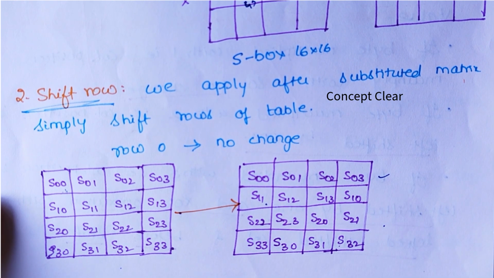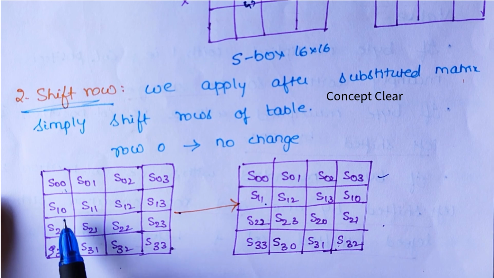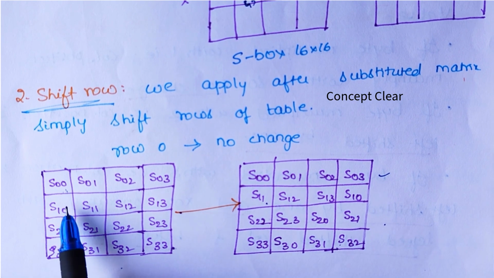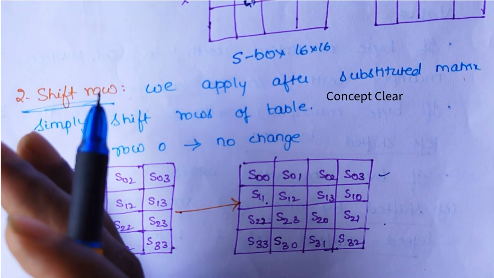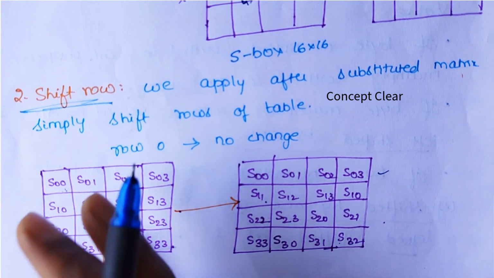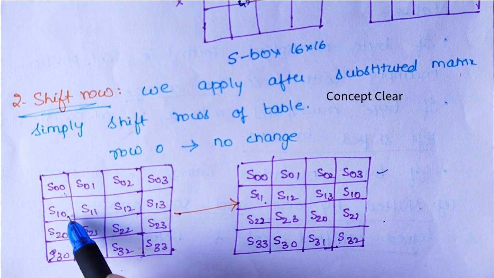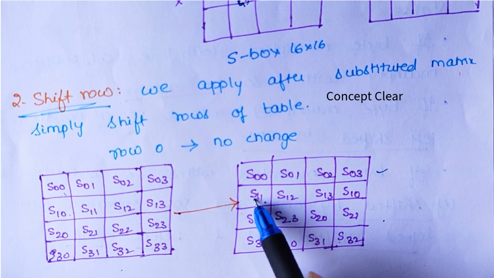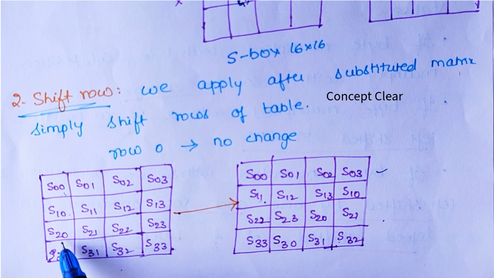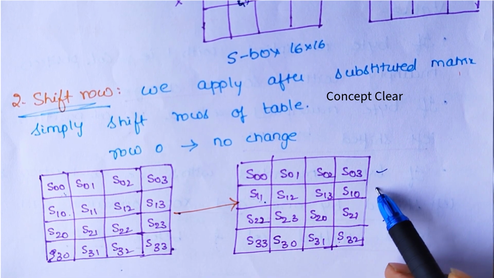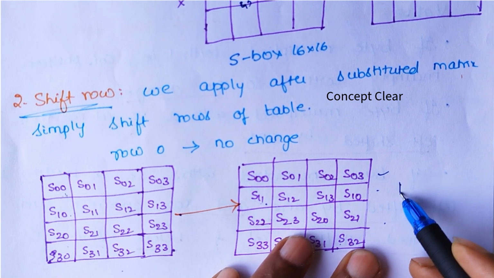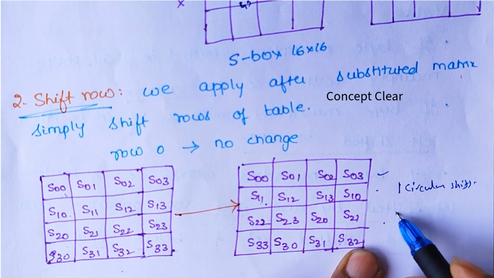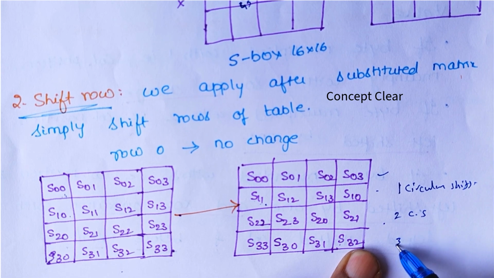In row 1, the first data is S10, and then S11. After shifting, the first cell is shifted to the left side, and since it is circular, it comes again to the right side. Same here, S10 is shifted and goes to the right side. In the first row we do one circular shift, in the next row two circular shifts, and in the last row three circular shifts.